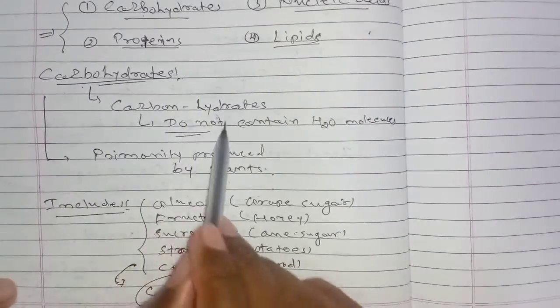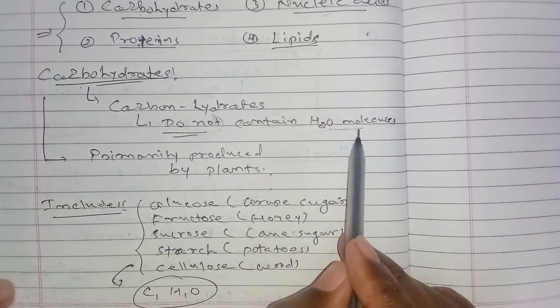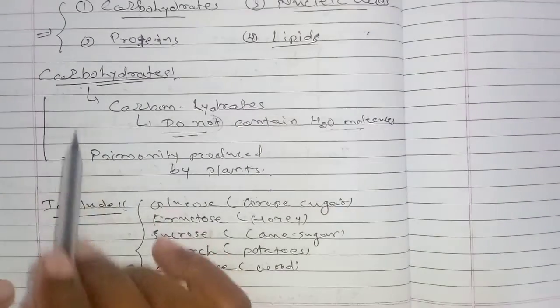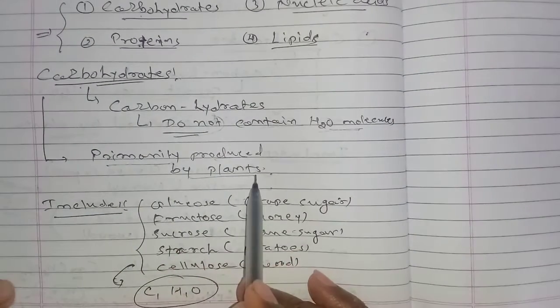Carbohydrates are primarily produced by plants.